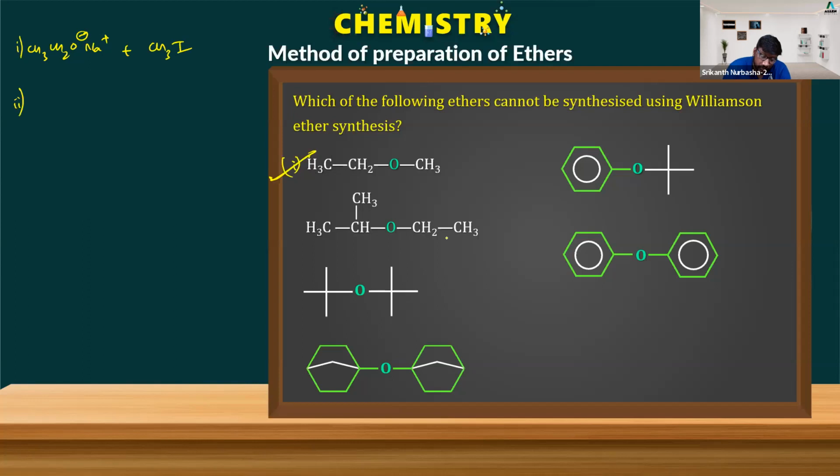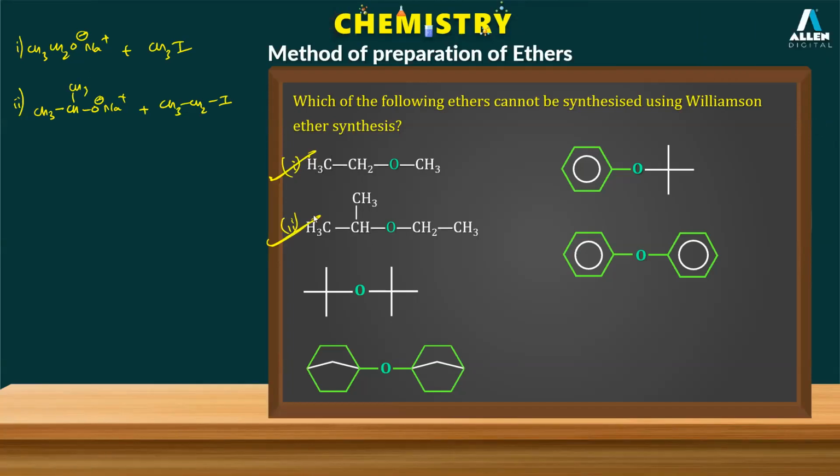Second one, yes, I can prepare. If I want to prepare the second one, I'll take (CH3)2CHO minus Na plus and CH3CH2I. So I can prepare the second one also. Not an issue. Third one?